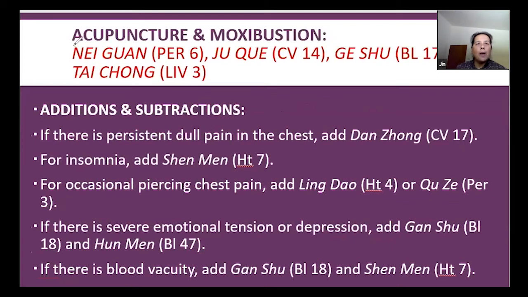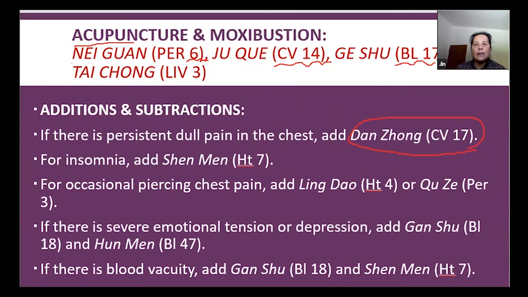And for acupuncture treatment, we need more wood qi moving. So still Pericardium 6, you can use with Ren 17 together. And Ren 14, to move the heart.